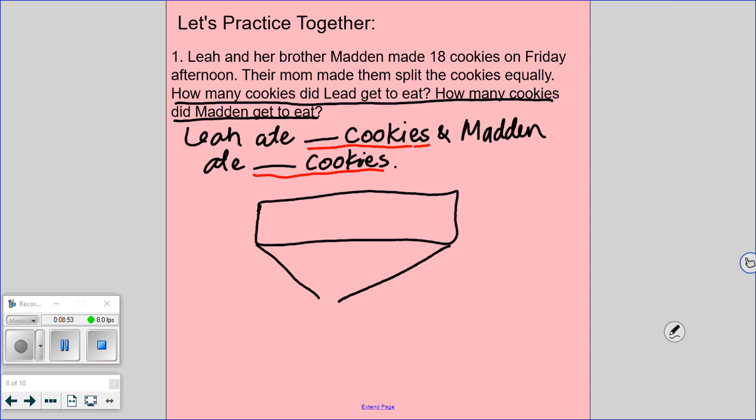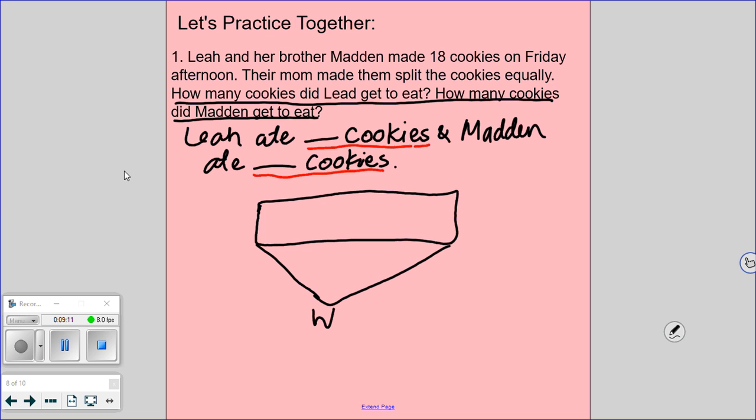We know that our whole bar is always equal to what? The whole, or our total. What is it that we are counting again? What is our unit, Lainey?